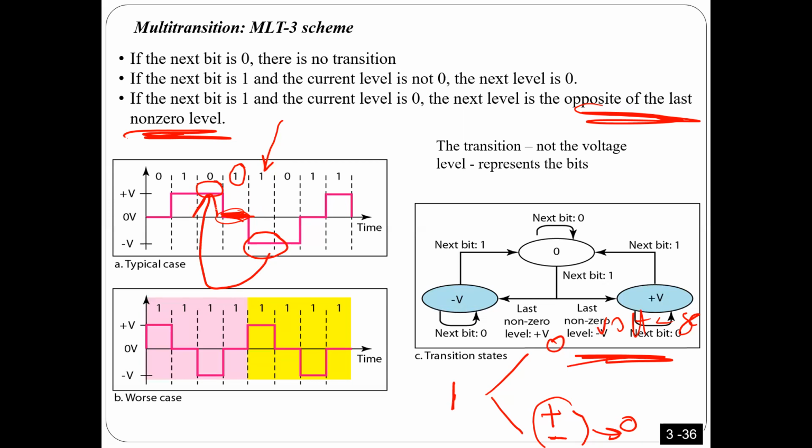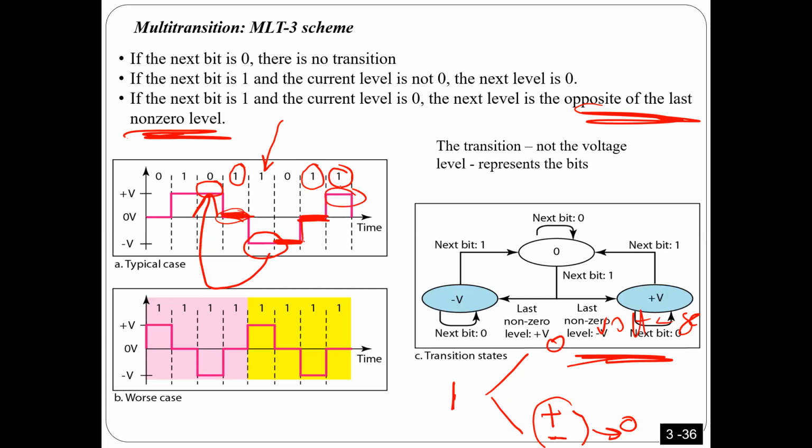Let's see more examples. For this one here, this one is very easy. If this voltage is positive or negative, and the next one is 1, I'm going to bring it to 0. Let's look at this one. Now this is 0, and the next one is 1.